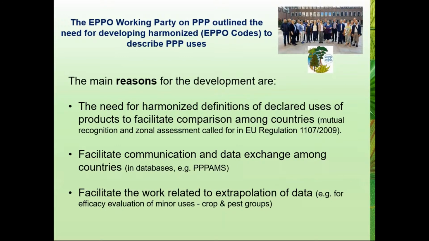Also, having a harmonized classification would in general facilitate communication, understanding, and data exchange, especially in European databases. A very important example is the database called PPP AMS, developed by the European Commission, that is using the EPPO codes, the taxonomic codes, but also the non-taxonomic codes to describe PPP uses.